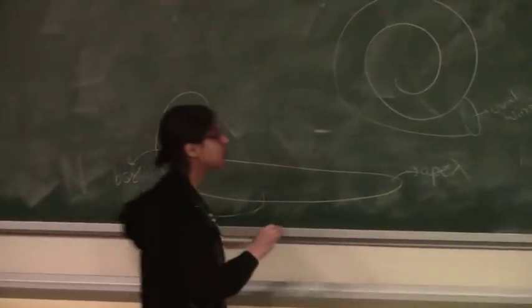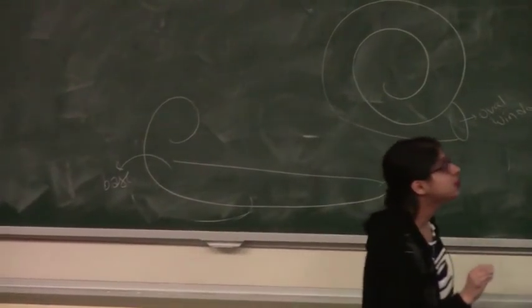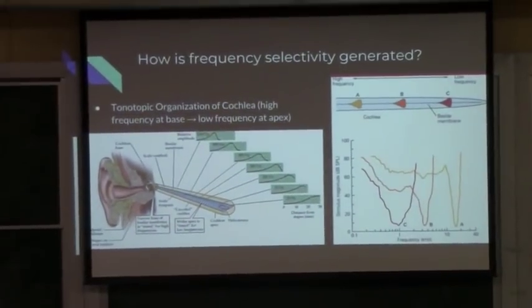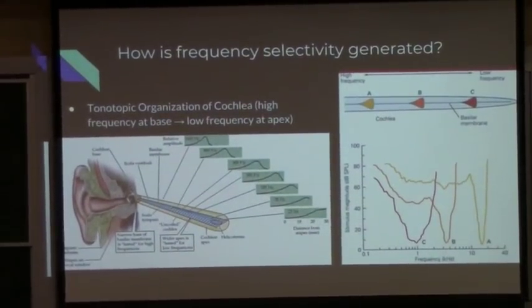And the important thing to note here is that as you move from the base to the apex, the frequency selectivity of the neurons changes. The auditory nerve fibers connected to the apex of the cochlea are most sensitive to low frequency sounds, as opposed to the auditory nerves connected to the base of the cochlea, which are more sensitive to high frequency sounds.